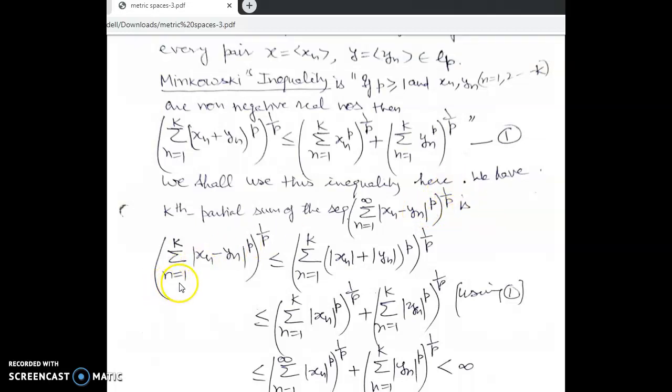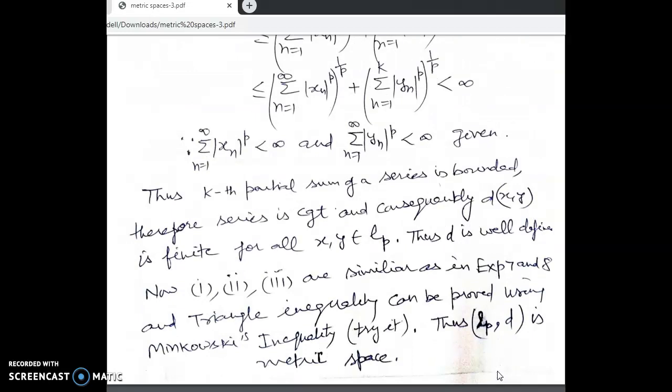The partial sum is the summation n equal to 1 to k of mod of x_n minus y_n to the power p, whole to the power 1 by p. By the Minkowski inequality, this is less than or equal to, separately, mod of x_n plus mod of y_n, to the power p and whole to the power 1 by p. And using 1, this will separate like this. This is given less than infinity and this is also given less than infinity. So the total is also less than infinity.